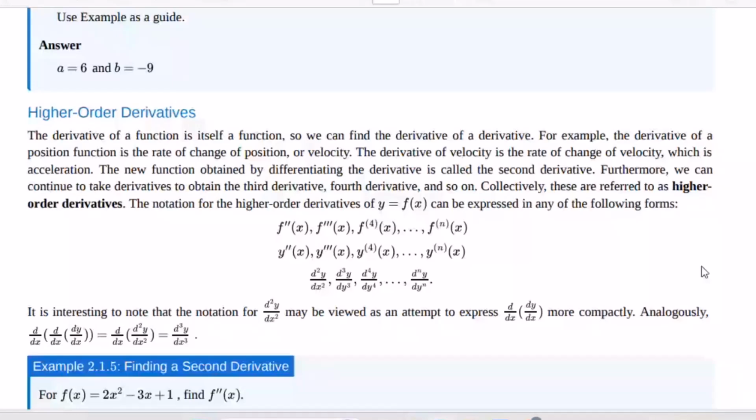Then we will have the limit of open bracket 4 into x plus h minus 3 close bracket minus open bracket 4x minus 3, all over h as h approaches 0. Therefore, after simplifying, we get 4. Therefore, our answer becomes 4.